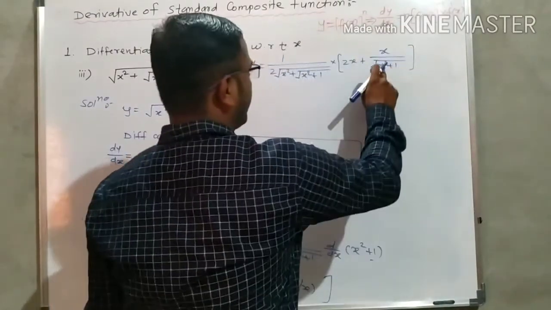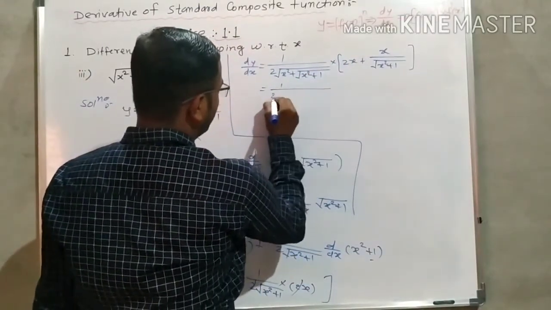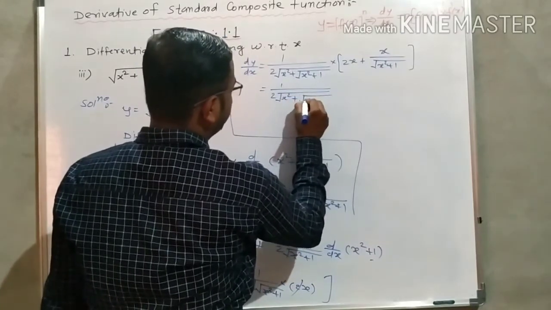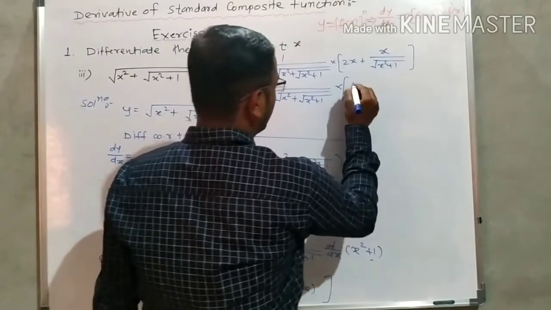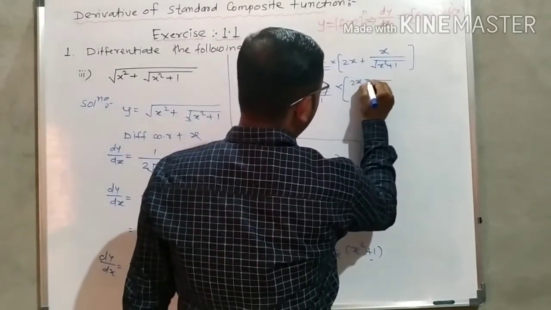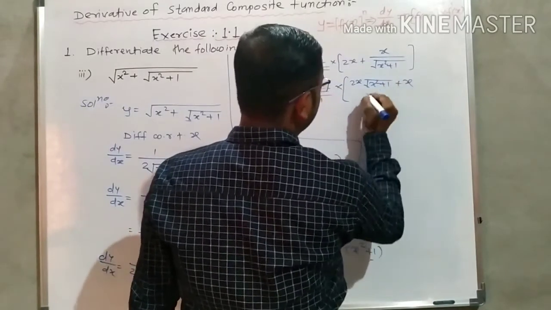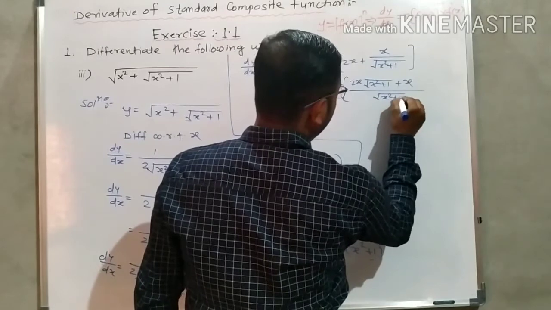Now multiply this term by x. So 1 upon 2 square root of x square plus, in a bracket, x square plus 1 into this bracket is done: 2x into square root of x square plus 1 plus x upon this term, the denominator as it is, square root of x square plus 1.